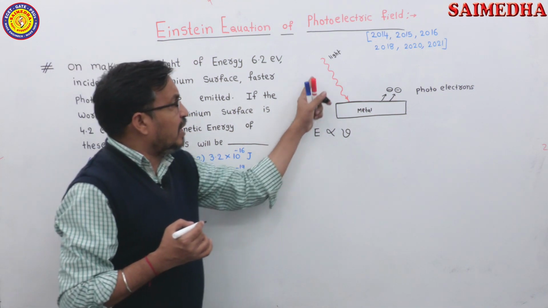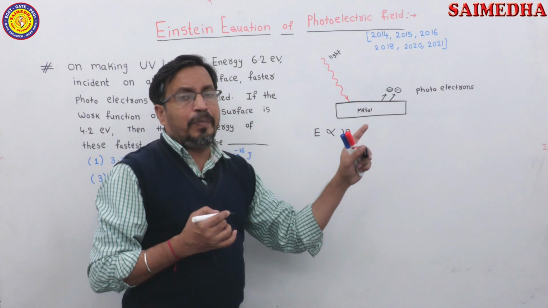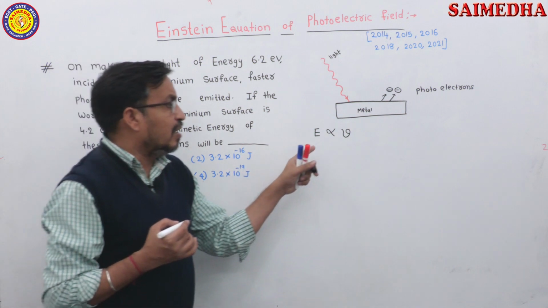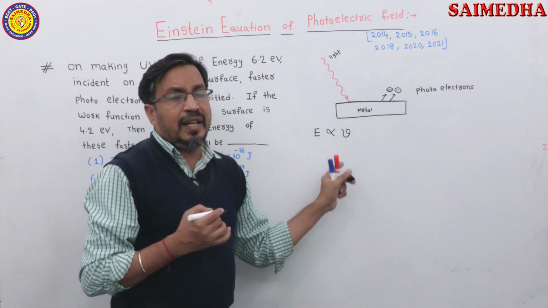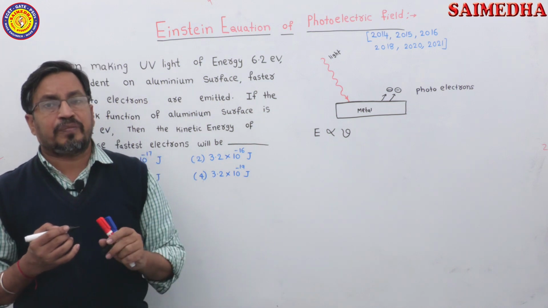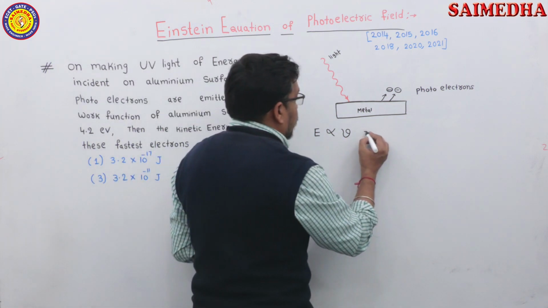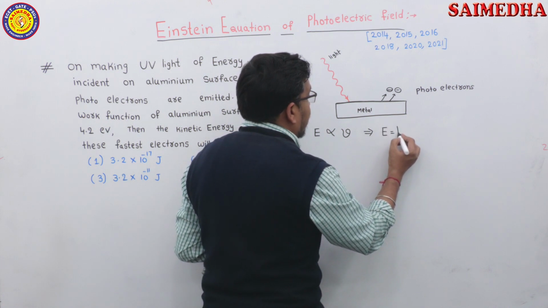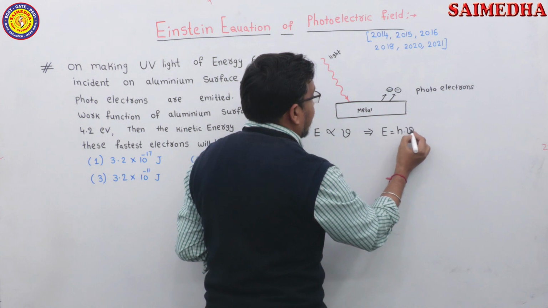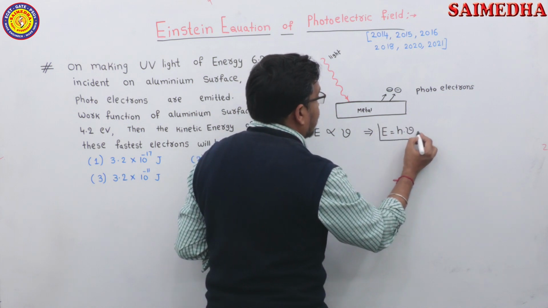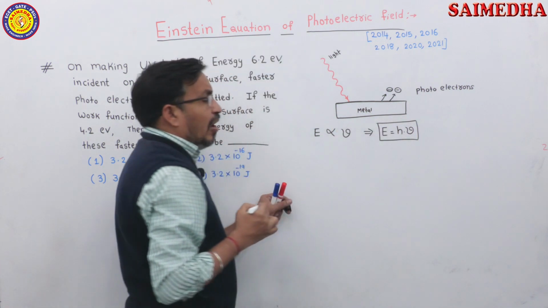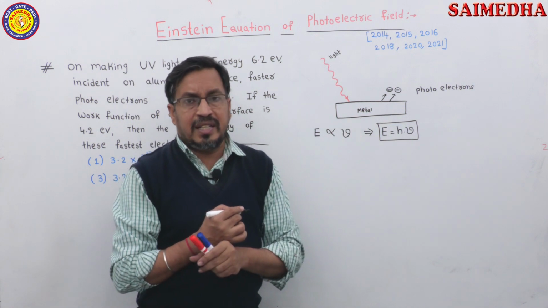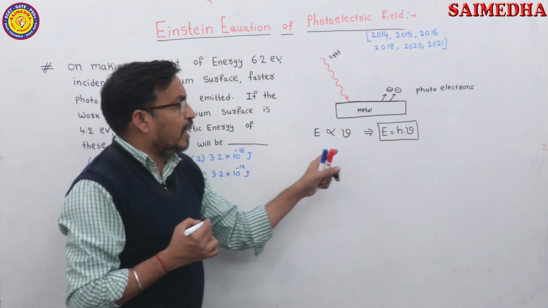Here I am representing frequency with the symbol small v. E is directly proportional to frequency. Then I am writing E equals h into v.